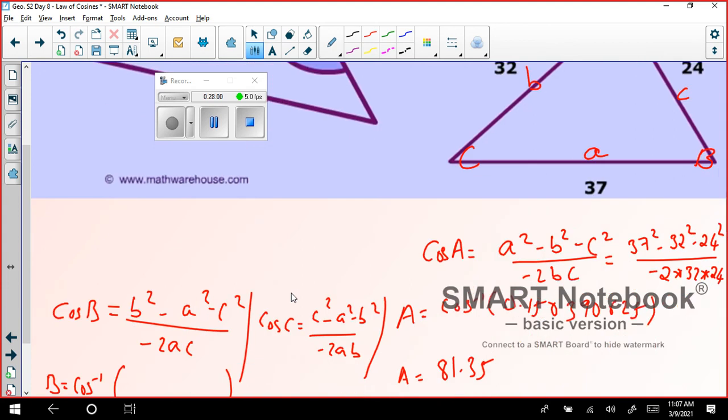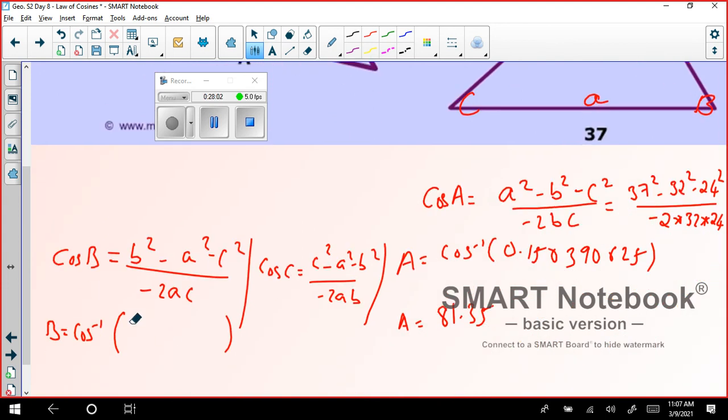B was 32. 32 square minus a square was 37 square, and this is 24 square, over negative 2 times of AC, which is 37, and this is 24. Okay, let me put this whole thing in calculator. Make sure you use parentheses accurately.